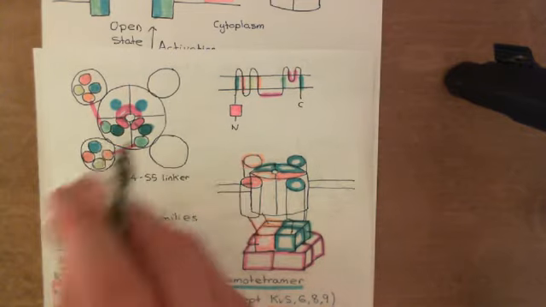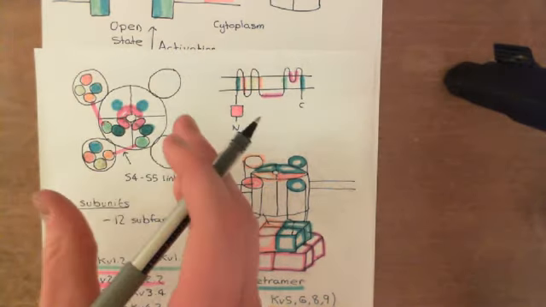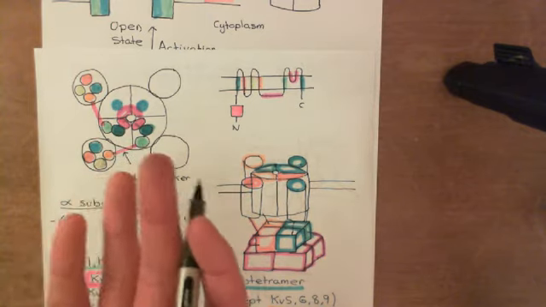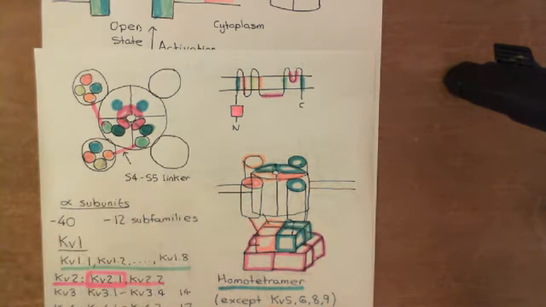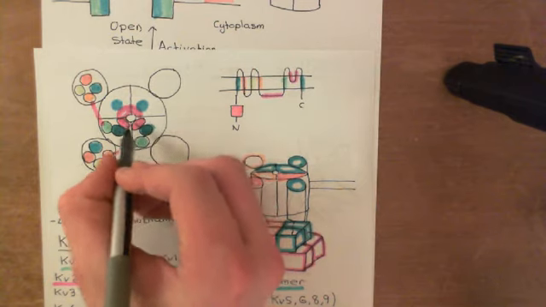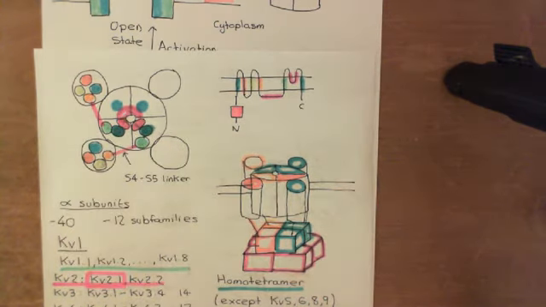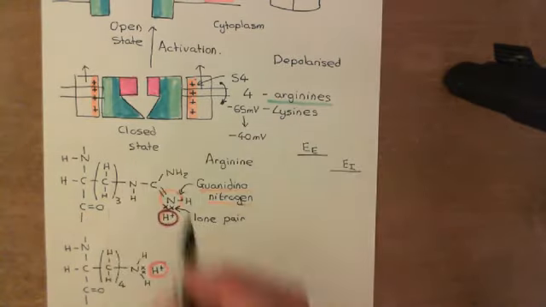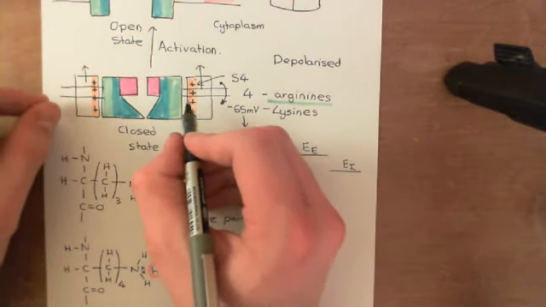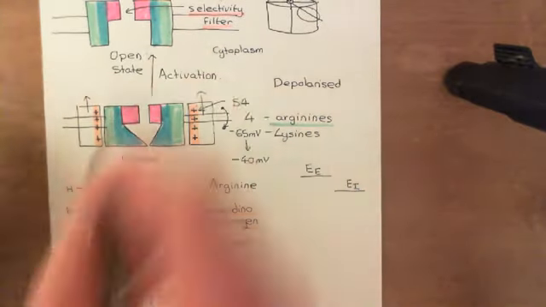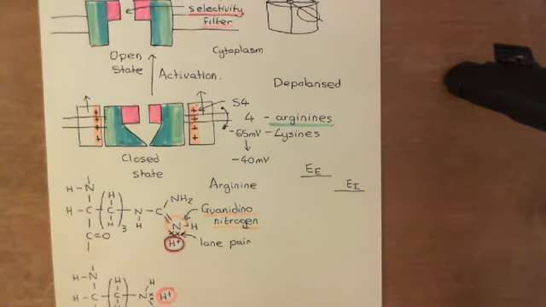So when all these voltage sensing domains move up, the S4, S5 linker is also going to be moved upwards, and that's going to cause a conformational change in the pore forming domain, and that somehow then leads to the S6 helix being pulled outwards, and then it goes from being in the closed state to being in the open state, and therefore it is now activated.